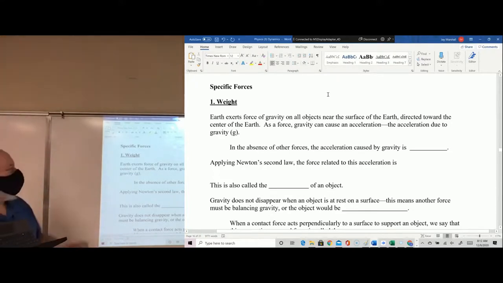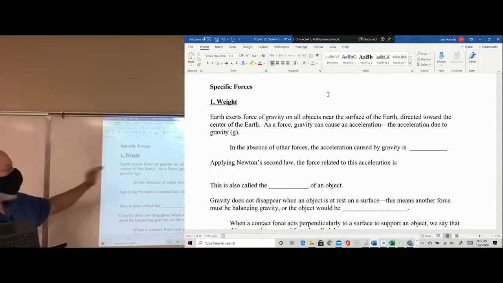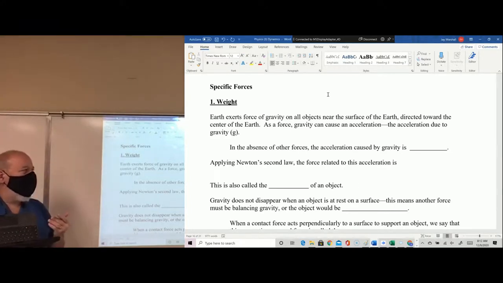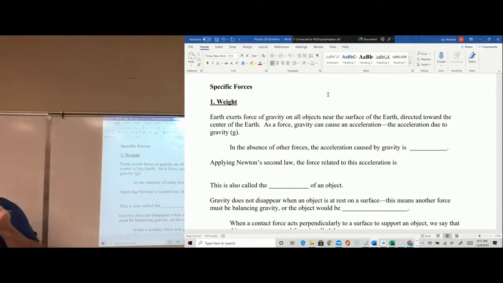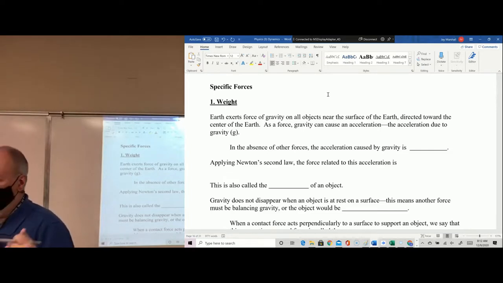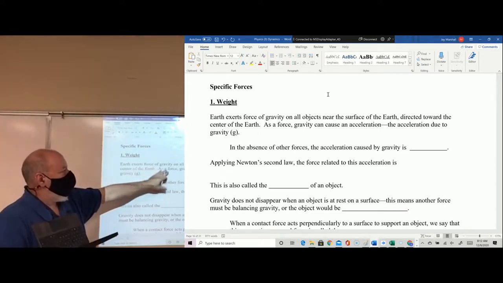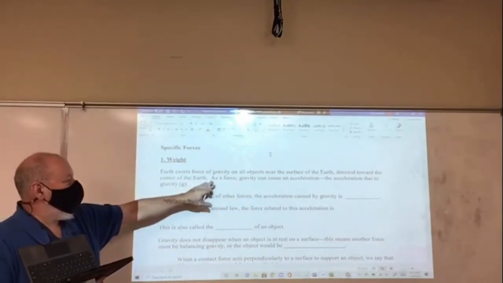Okay, so now we need to talk about some specific forces. And one thing most people that don't know a whole lot about physics don't realize is that weight is actually a force. Okay, weight is actually a force. Earth exerts a force of gravity on all objects near the surface of the Earth, directed towards the center of the Earth.